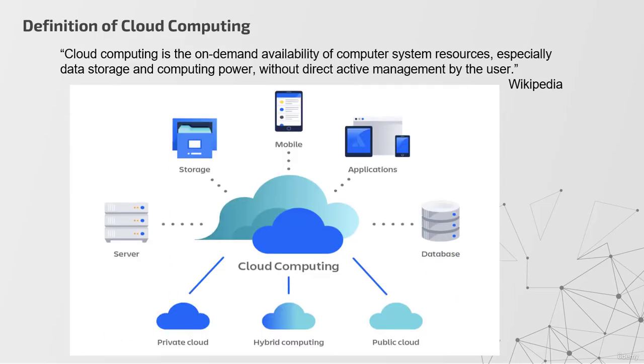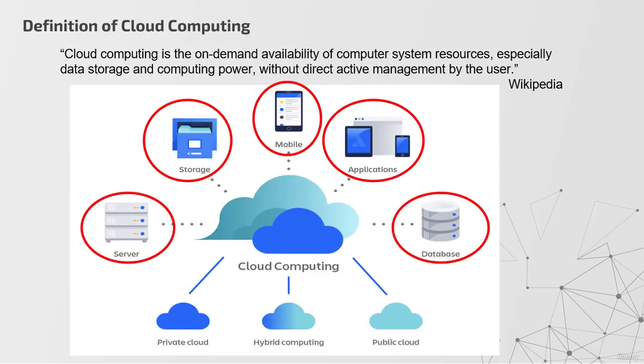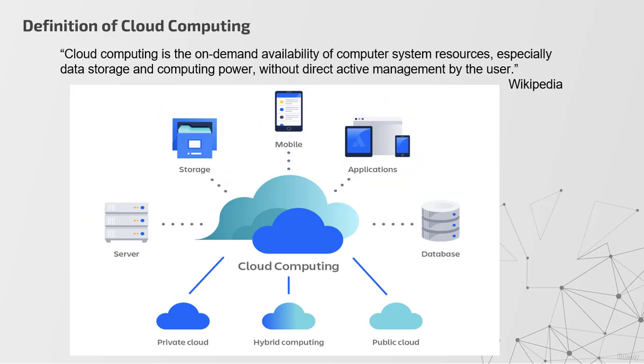Basically, cloud computing is a paradigm that enables on-demand network access to a shared pool of configurable computing resources like networks, servers, storage, applications, and services that can be rapidly provisioned and released with minimal management effort or service provider interaction. So, in simple terms, cloud computing allows users to access and use computing resources through the internet instead of relying on a computer's hard drive.